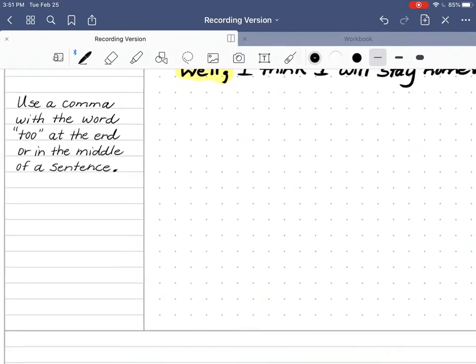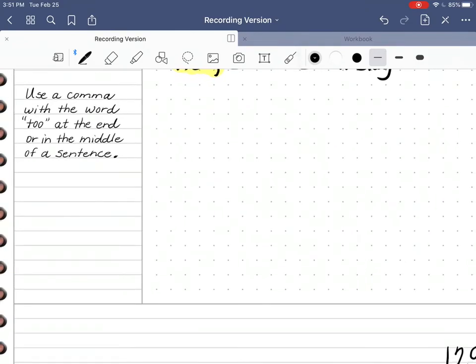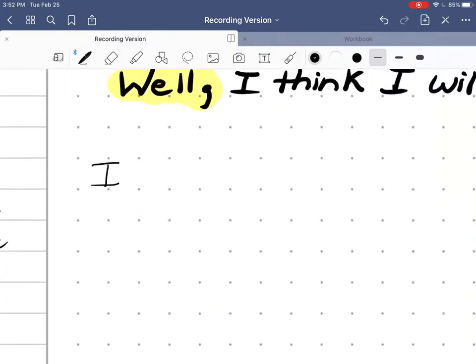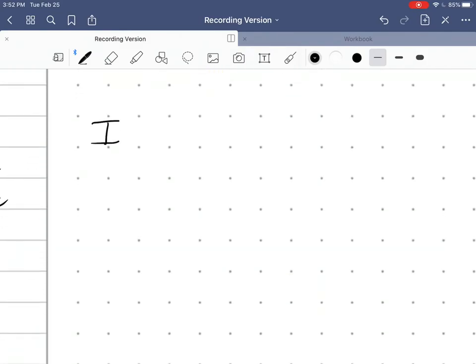So here are some examples. I'm going to give you two sentences. I am going to math class, too.